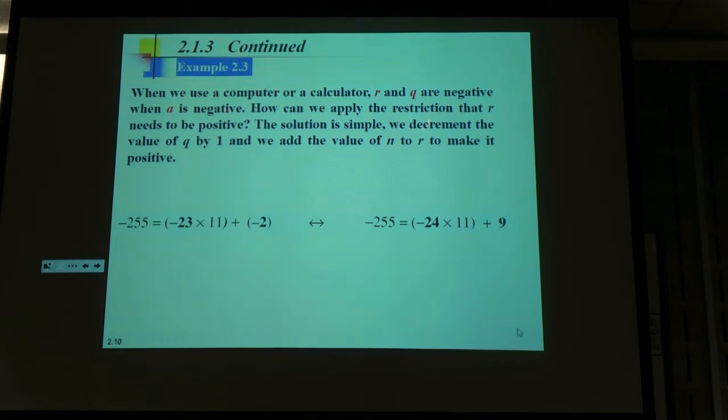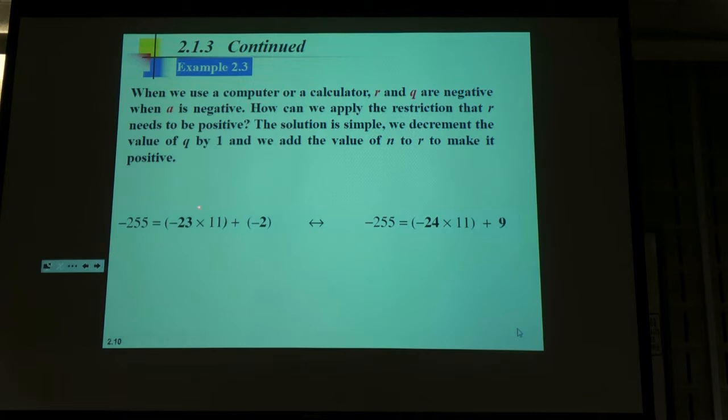How can we apply the restriction that r needs to be positive? For example, when you divide negative 255 by 11, you get negative 23 and the remainder is minus 2. The way to convert it to positive is to add 11 to the remainder and subtract 1 from the quotient, so the quotient becomes minus 24 and the remainder becomes 9, right?